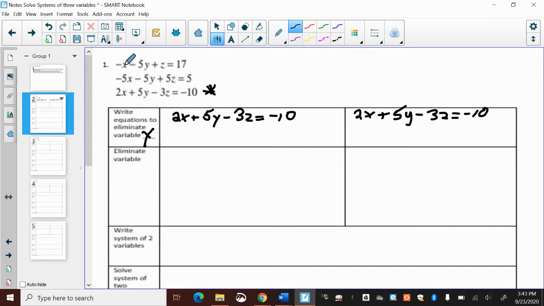So I'm going to take this first equation and write it down here: minus x minus 5y plus z is equal to 17. And the second equation we're going to pair up with the one that we're using in both: minus 5x minus 5y plus 5z is equal to 5.